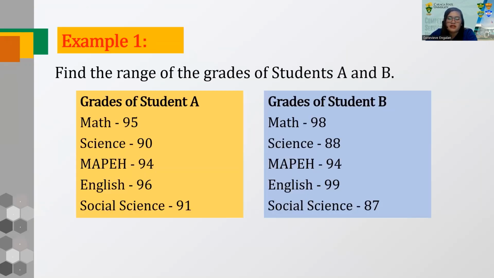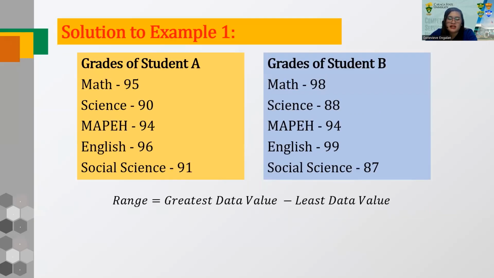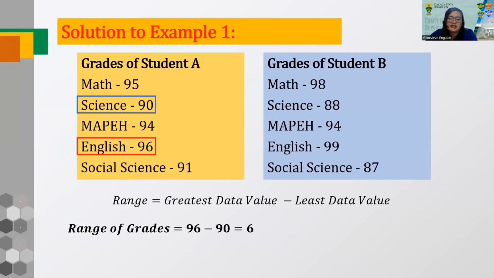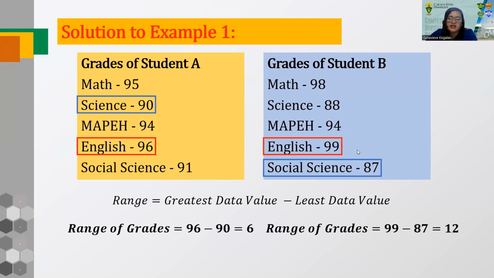Okay, so for example, kang student A and kang student B, sa range pa lang daan, ang range ni A is 6 lang. Kay yung highest is 96, lowest niya kay 90. Okay, kang student B, ang iyang highest is 99, pero iyang lowest is 87, which is ang iyang range is 12.